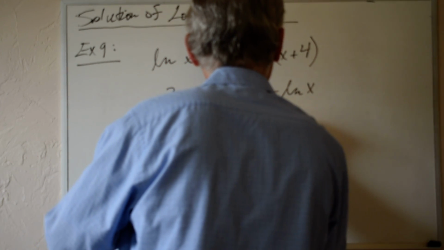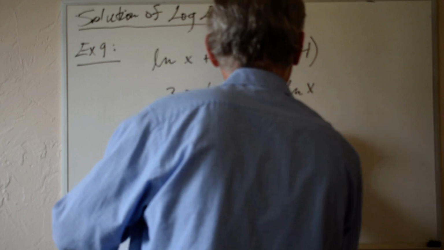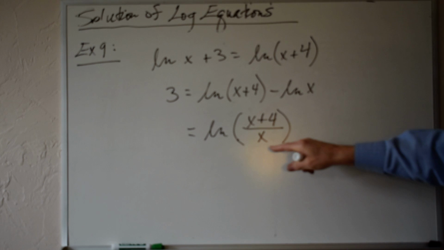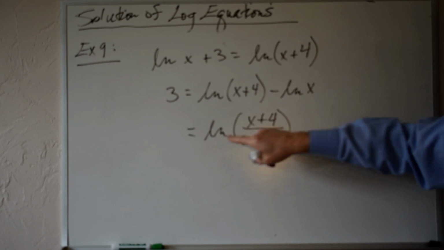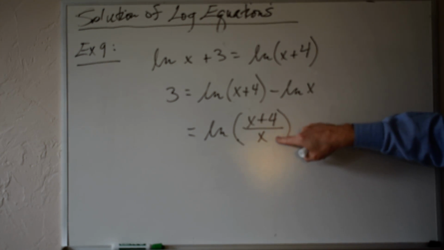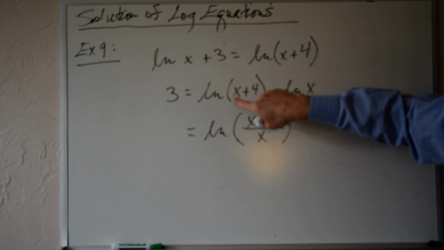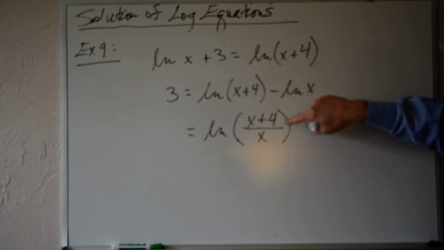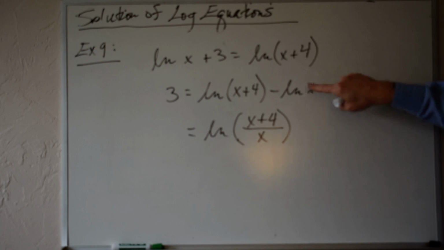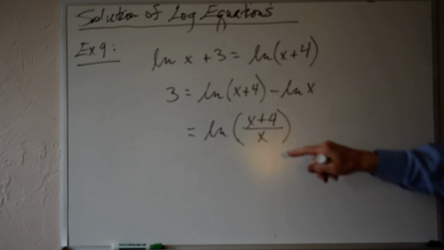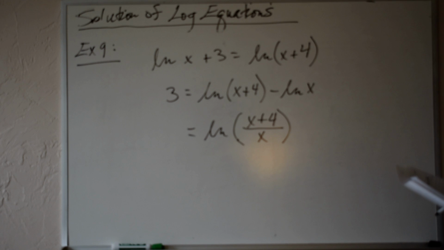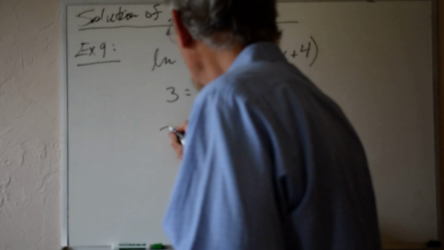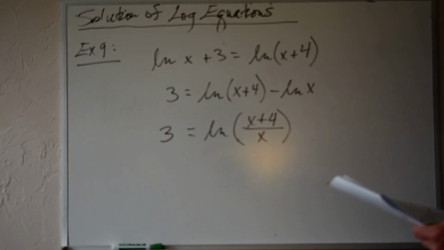In other words, the log of this number divided by this number is equal to the log of the top number in your fraction minus the log of the bottom number in your fraction. So, we know that that equals 3, of course.